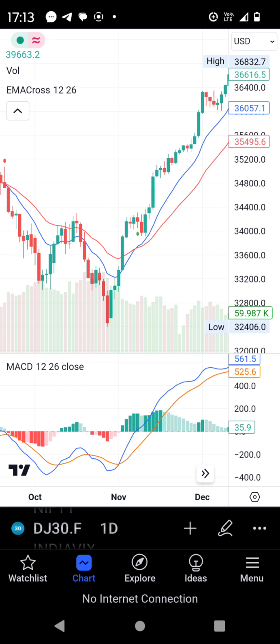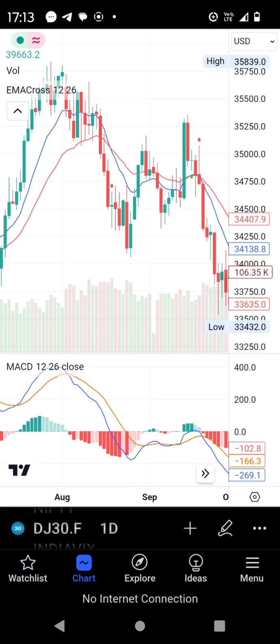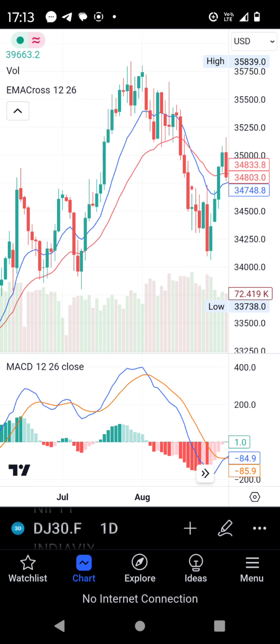But before it goes above 0, if the MACD line goes above the signal line, then it indicates that the bull trend, uptrend is going to start. Okay, there may be exceptions, but most of the time it works. Similarly, when your MACD goes below the signal line, it indicates either a downtrend is going to start or a sideways movement is there.